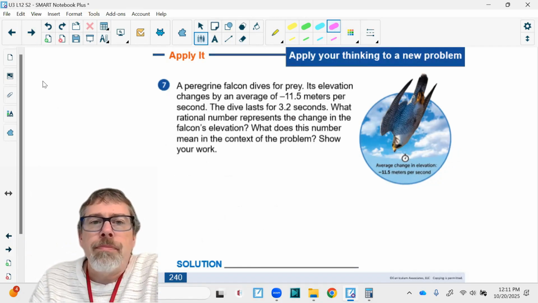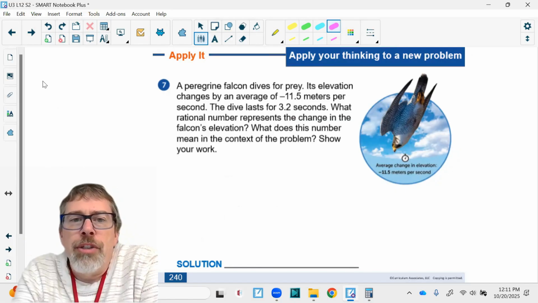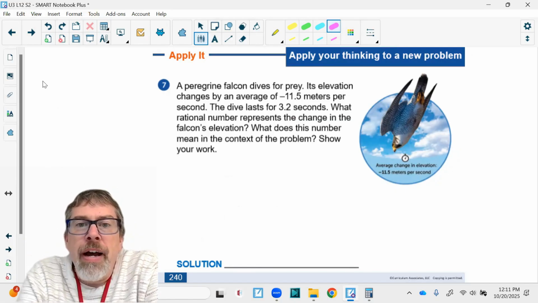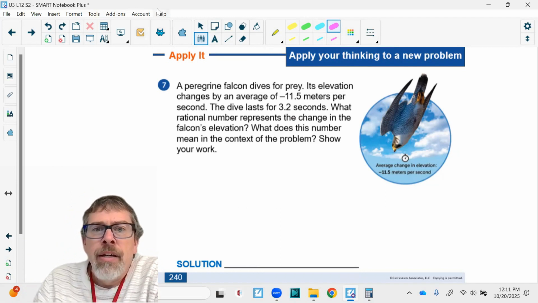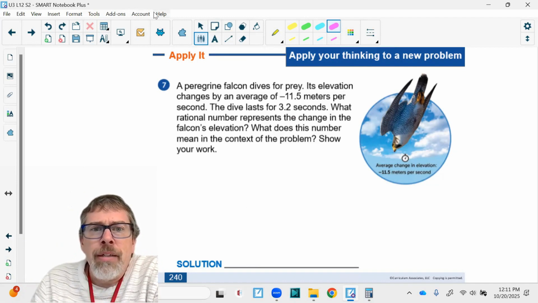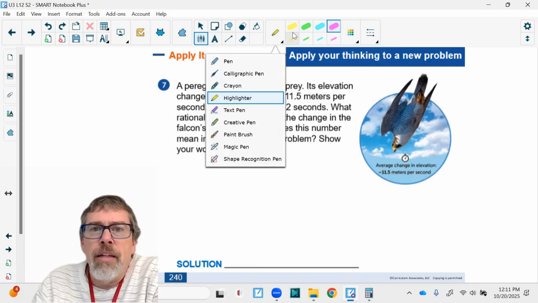All right. So let's take a look at this question. A peregrine falcon dives for prey. Its elevation changes by an average of 11.5 meters to the negative per second. So it drops 11.5 meters per second. The dive lasts for 3.2 seconds. What rational number represents the change in the falcon's elevation?